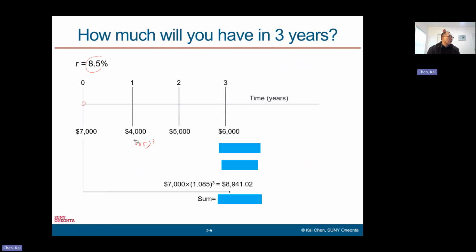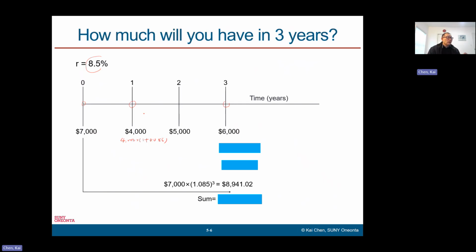Then we're going to do the same thing for this one. The formula is future value equals present value times 1 plus R. R is 0.085. In this case, what is the power? The investment process of $4,000 begins from this point and ends at this point.